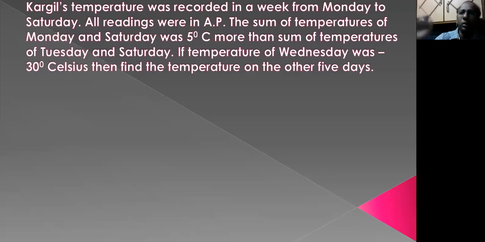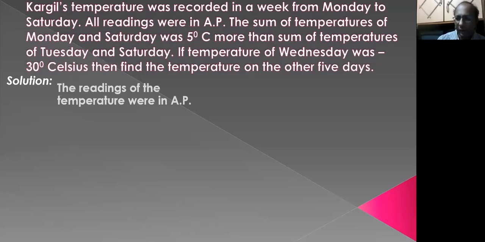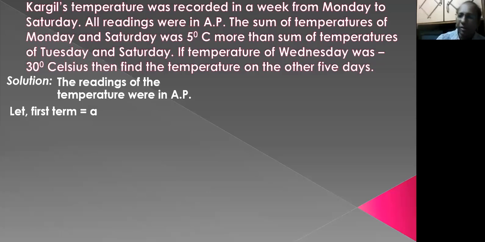So first thing, they are talking about AP. So in this case, we have to consider that if it is an AP, there will be something more with it. Readings are in AP, so we will consider the first term as A. Common difference, everyone considers D. So what will it be?